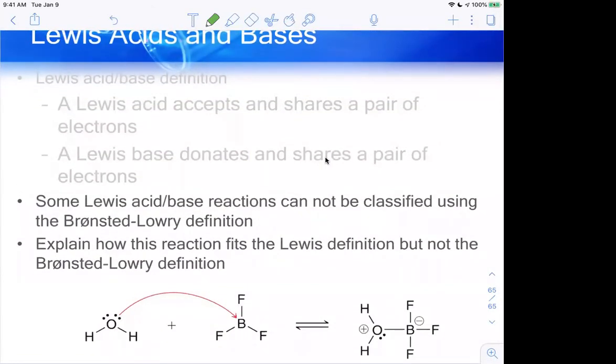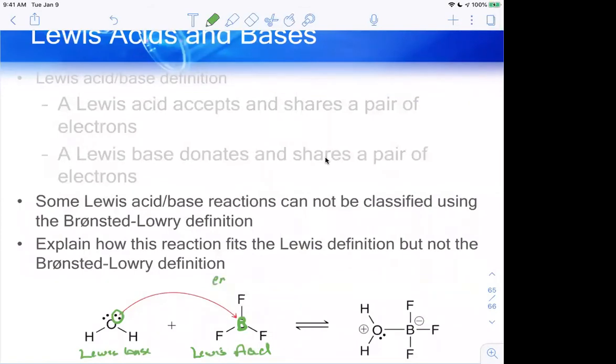Some Lewis acid-base reactions cannot be classified using Bronsted-Lowry. For example, this boron actually has an empty p orbital, which is going to accept a lone pair. So this is going to be the Lewis acid, and this is going to be the Lewis base.